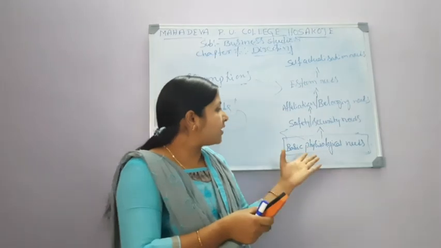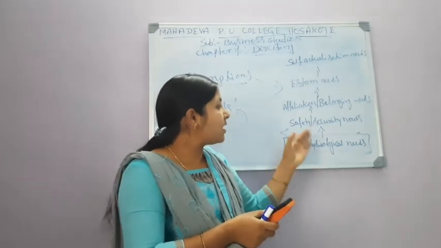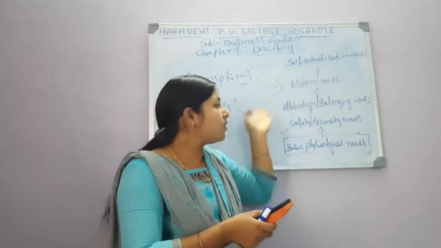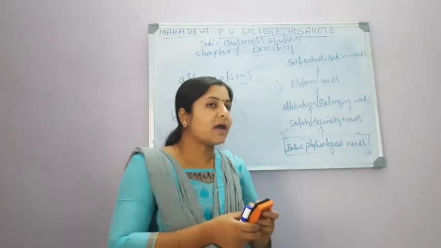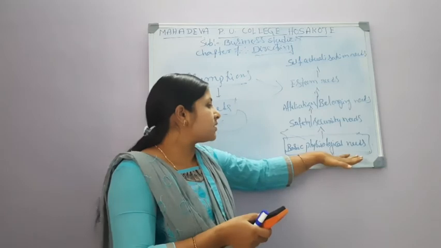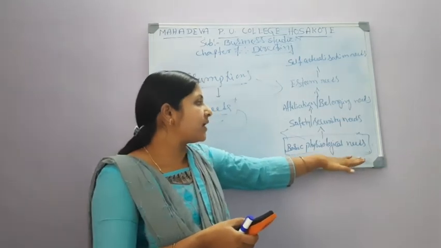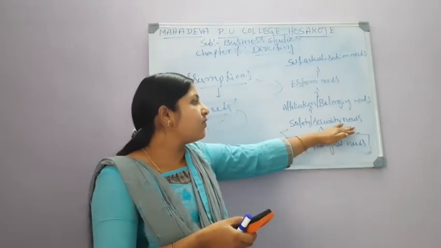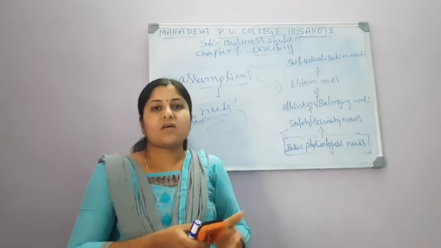When the lower level need is satisfied, after that they can move to another need. I'll record this on a hierarchical basis. That's why when the person has satisfied the lower level need, next they move to fulfilling the higher level need.